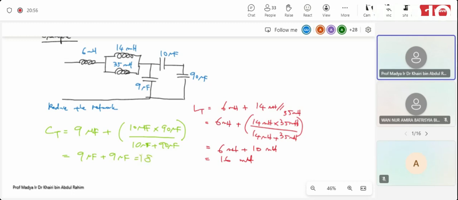You can try for yourself as well. So it reduces to this is LT, this is CT. I hope you can see, it's just as simple as that.